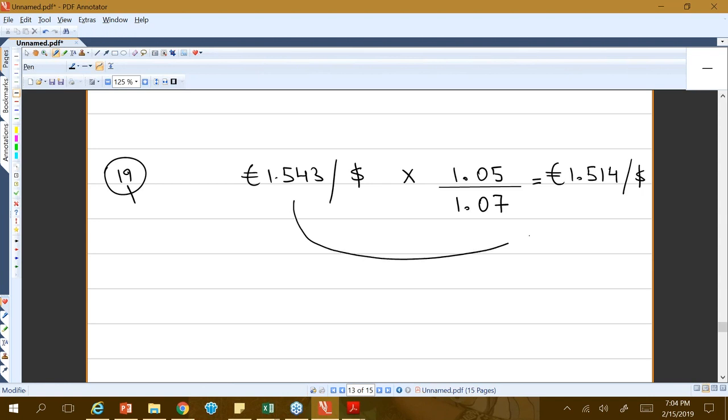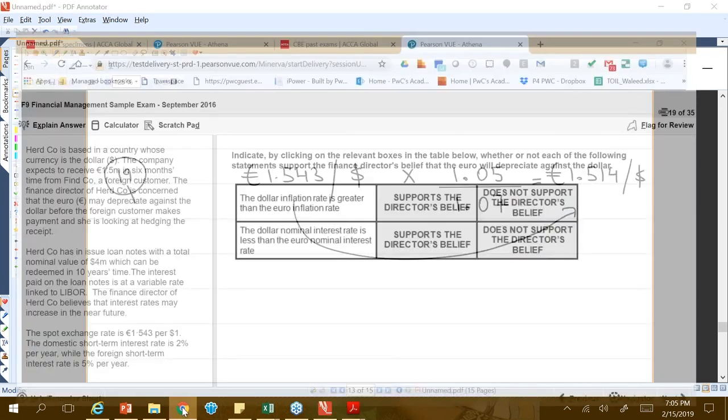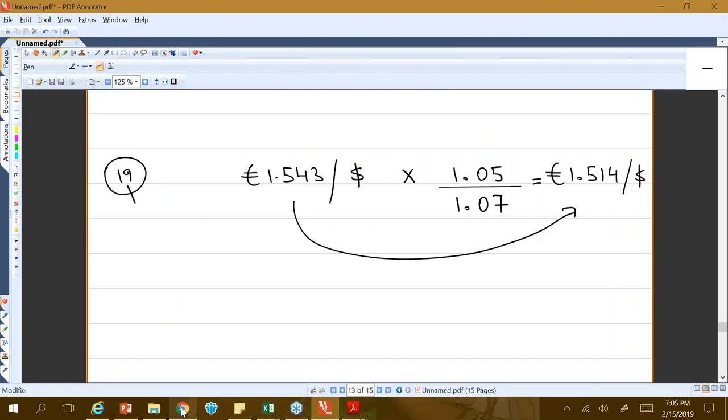Now, what has happened to the euro here? Has the euro depreciated or appreciated in value in relation to the dollar?